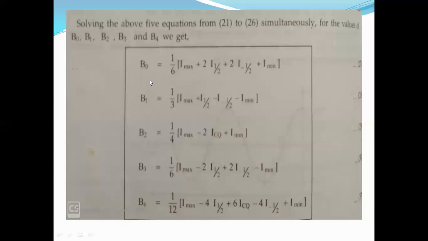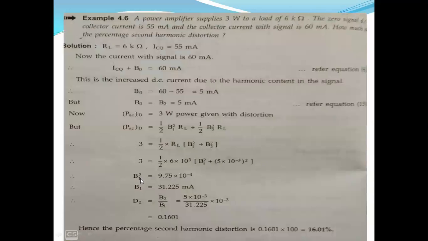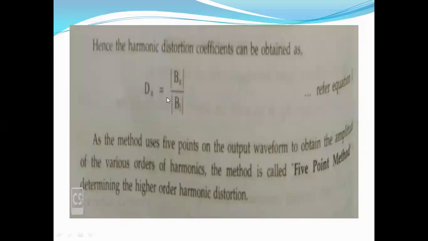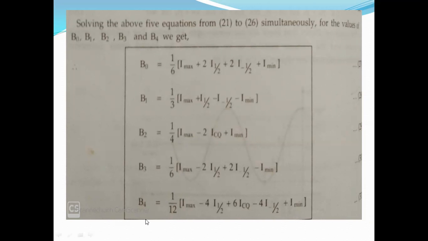So if you want to find out the distortion due to fourth harmonic frequency, then the equation becomes D4 is equal to mod B4 by B1 into 100. So similarly, if you want to find out the nth harmonic distortion, higher order harmonic, okay, so here we have B4 as the maximum harmonic component.